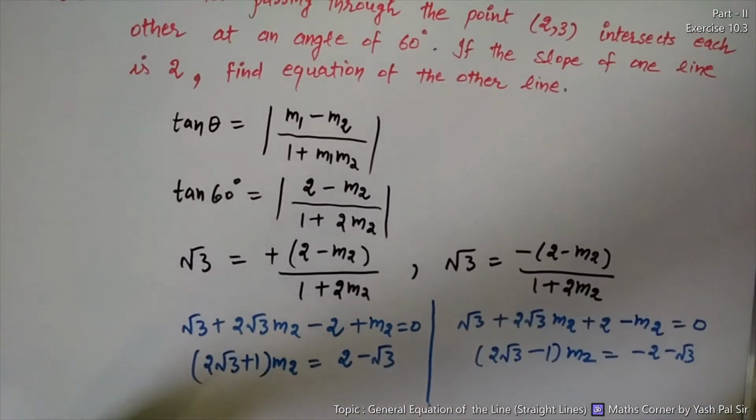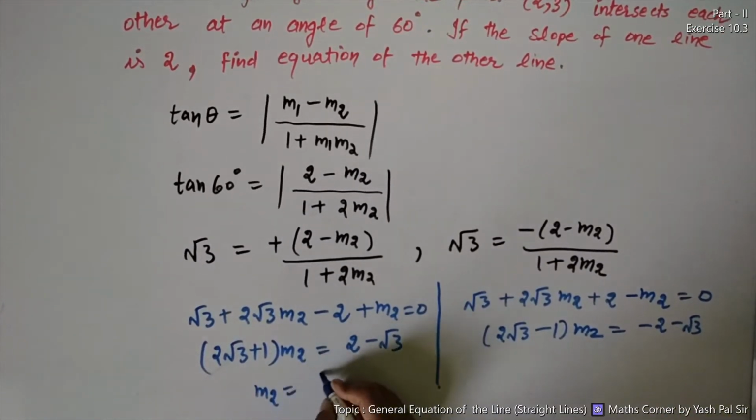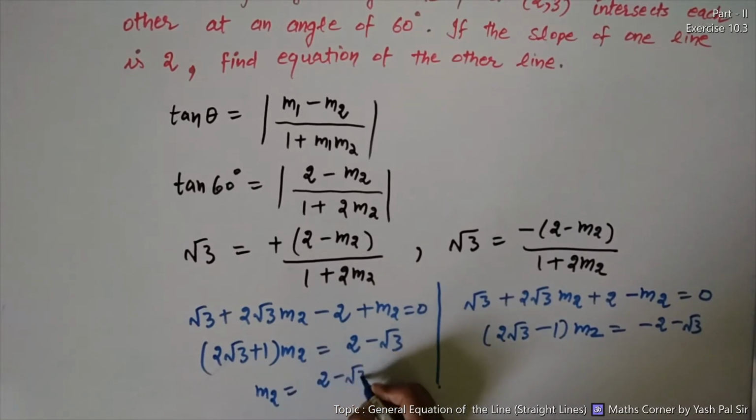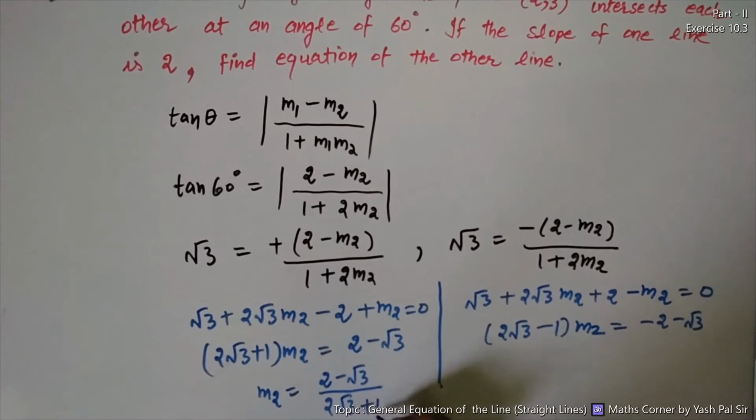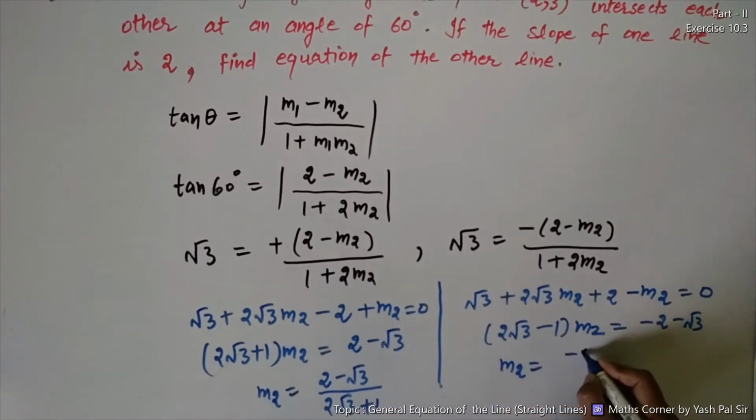So the value of m2 is 2 minus square root of 3 upon 2 square root 3 plus 1. Here the value of m2 is minus 2 minus square root of 3 divided by 2 square root 3 minus 1.